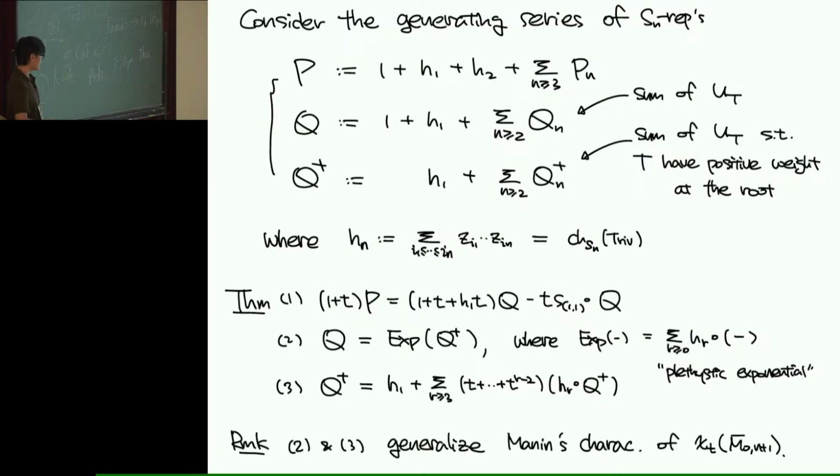The combination of the last two is an equivariant generalization of Yuri Manin's characterization of the generating series of the Poincare polynomial of M0,n+1. I mean, this is a non-equivariant version of our result.